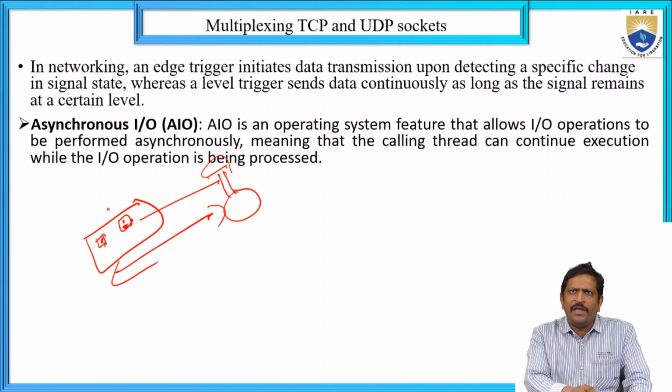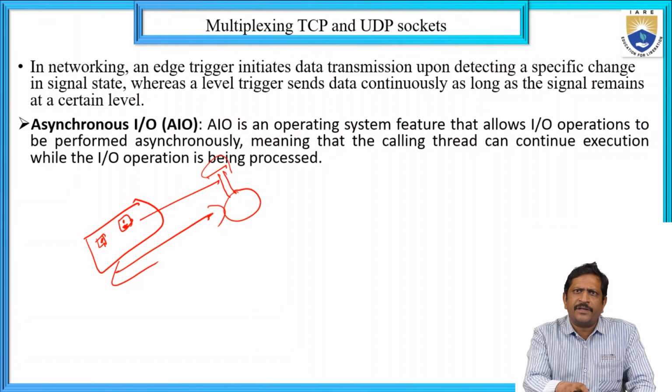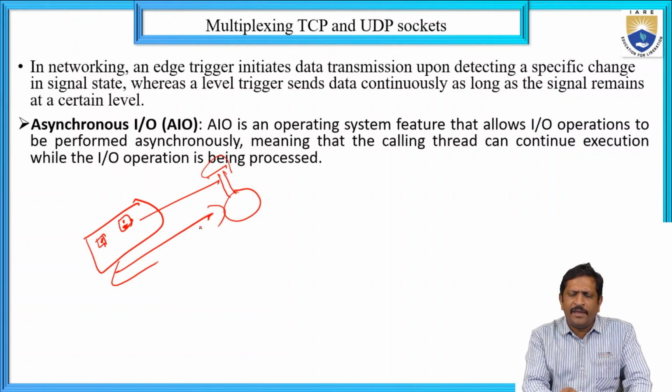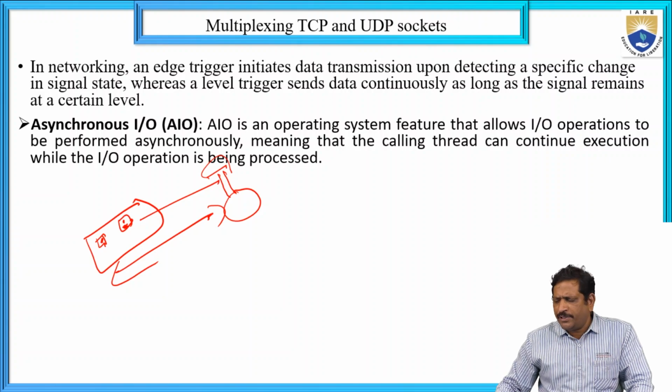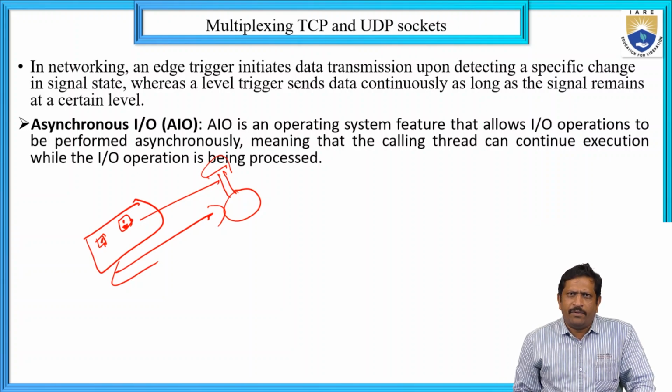Edge triggering only shows the initial flow direction, but level triggering continuously flows the data transmission over the network. So these are the triggering levels in network programming.